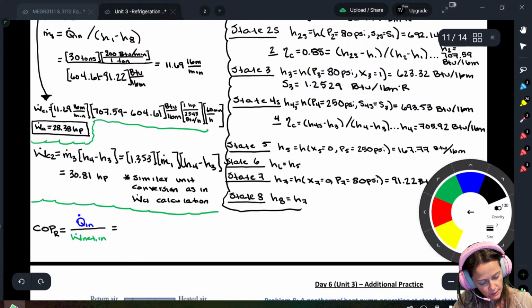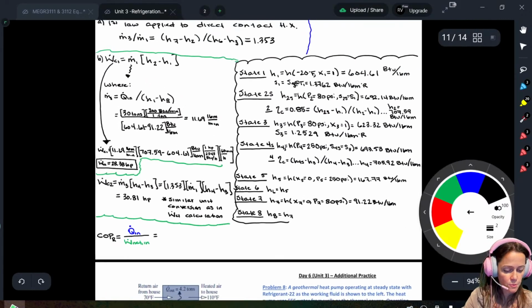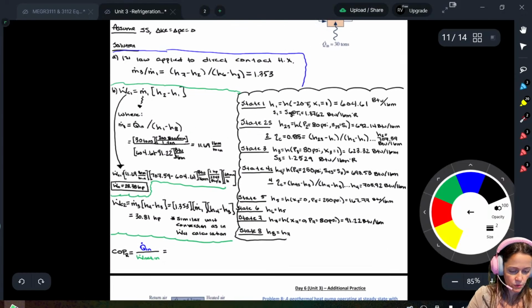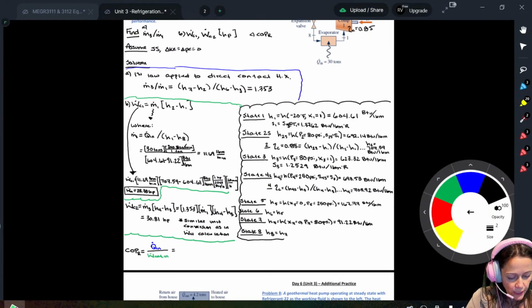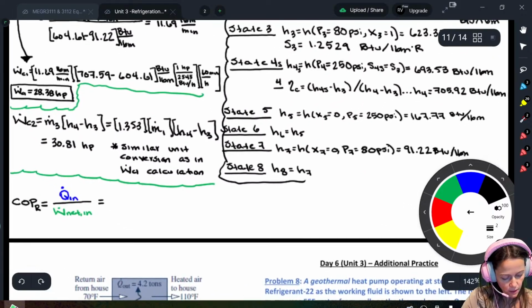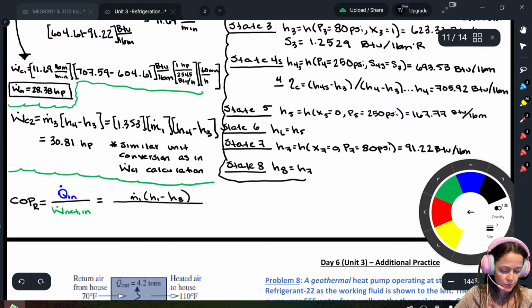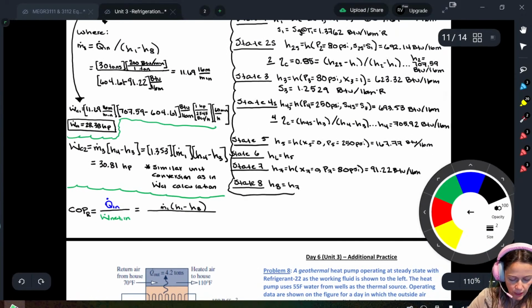Let's put it in terms of M dots and H's because that would be useful. So my Q dot in would be M dot 1 times H1 minus H8. And then your W dot net in, I've got an equation for that as well.